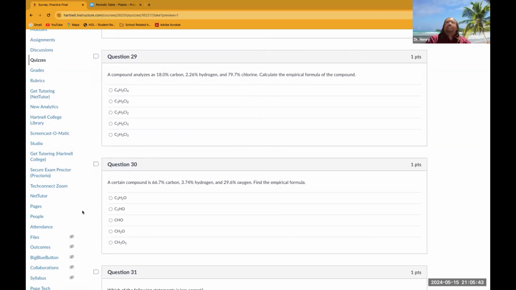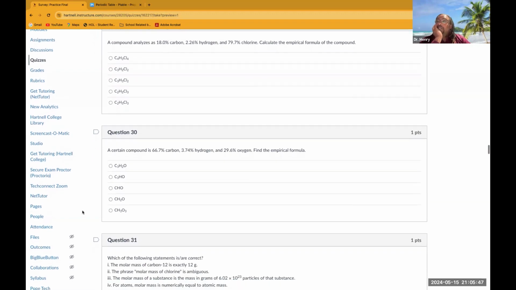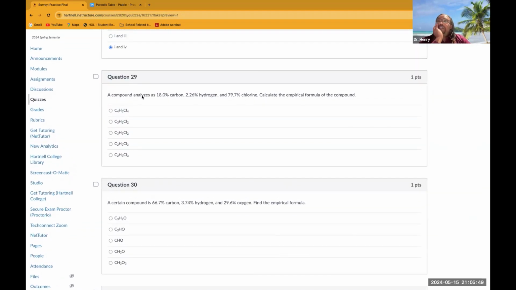Okay. Well, another empirical formula one. Okay, it says a compound analyzed as 18.0% carbon, 2.26% hydrogen, and 79.9% chlorine.